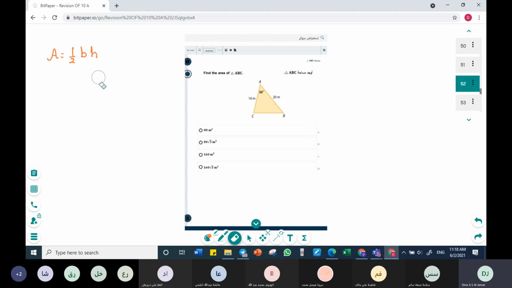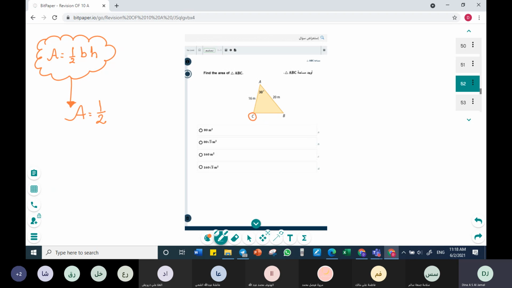You forgot one important equation that is derived from the triangle equation, which we took at the beginning of the lesson of law of sines. A is equal, we will keep the half, multiplying the sides by each other.